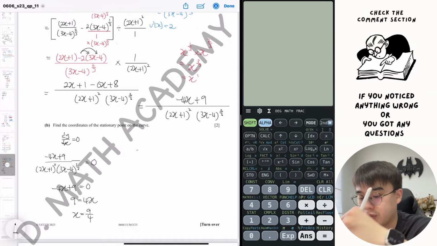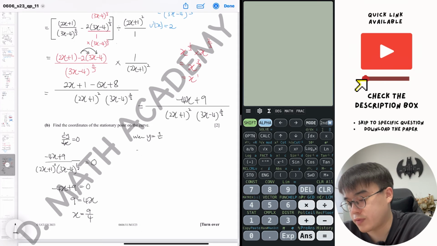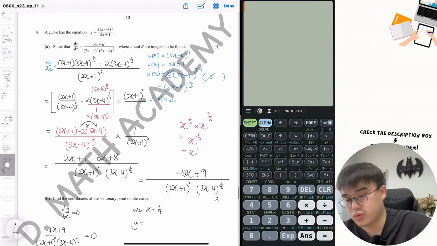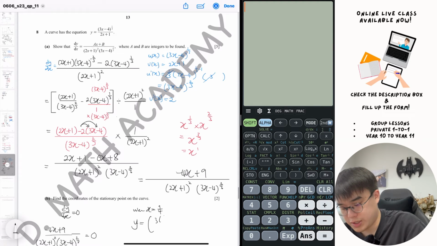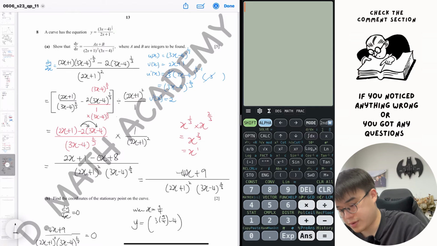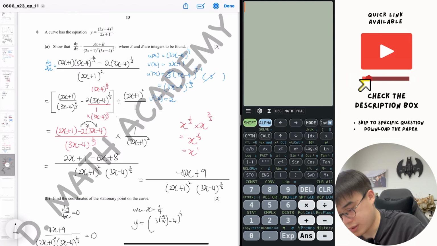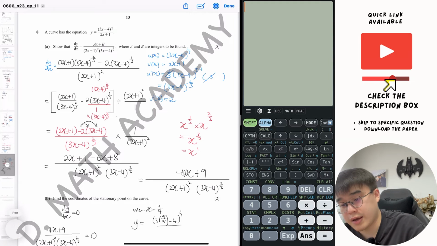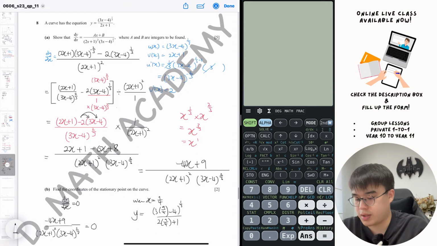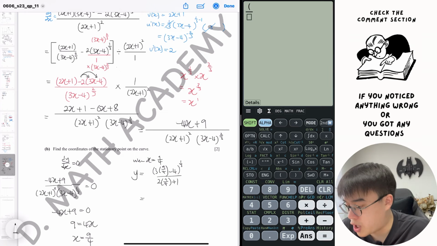I will have to substitute it into the equation. So when x equals to 9 over 4, our y equals to 9 over 4 minus 4 to the power of 1 over 3. And then I have a denominator of 9 over 4 plus 1. So I have to key in this correctly to your calculator. Then you should be able to get your answer now.